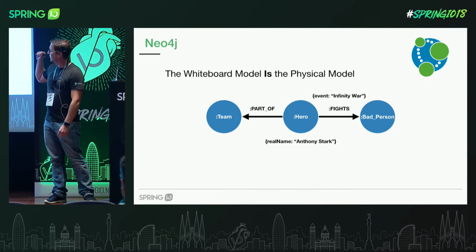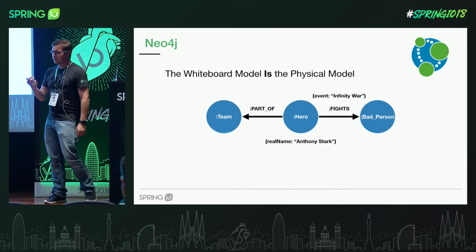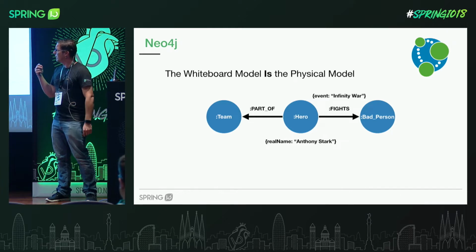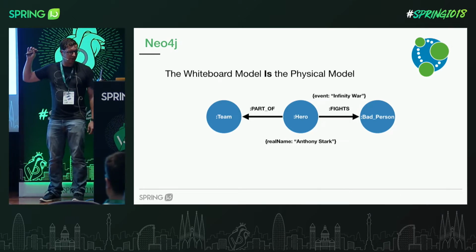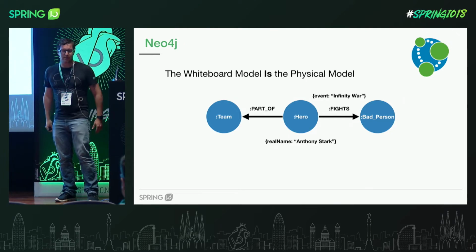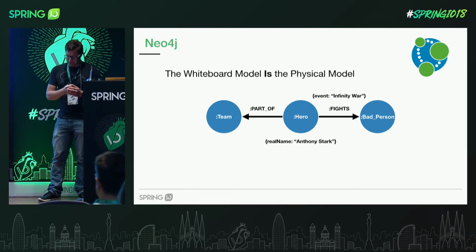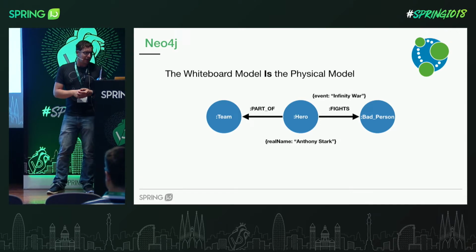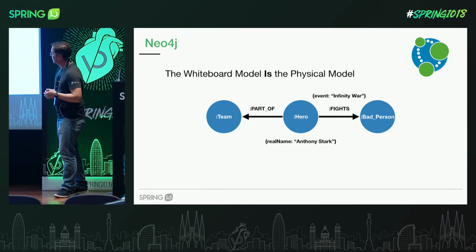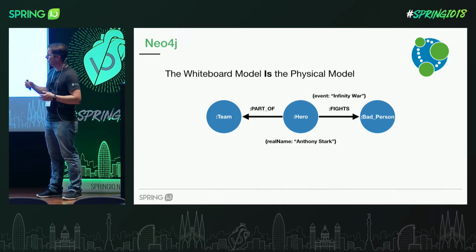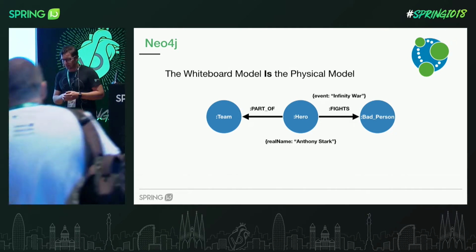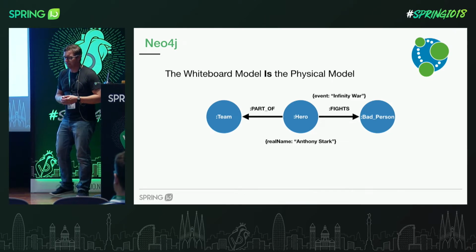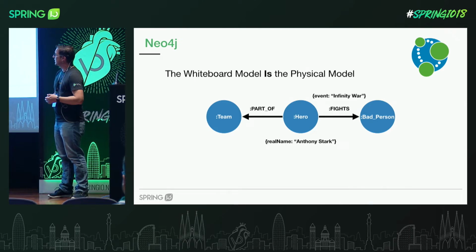So we make stereotypes of our nodes by labeling them. For example, we have nodes with a label team, nodes with a label hero, nodes with a label bad person. And they are all connected through these relationships. It looks like labels, but we call them types in this case.